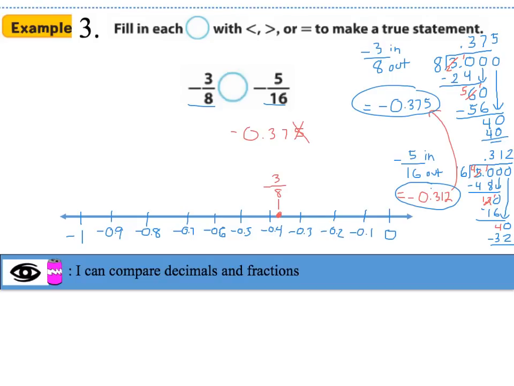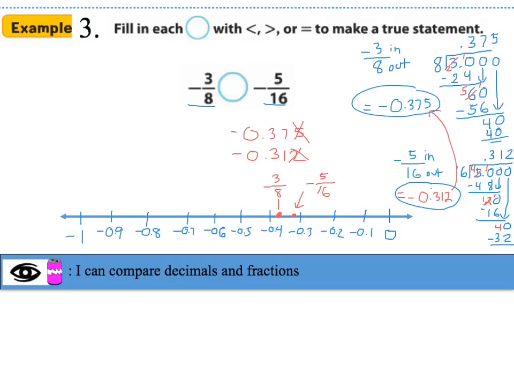For the other decimal, -0.312, I can go ahead and ignore the last decimal, and that looks like -31 cents. -31 cents would be on the left-hand side of -0.3, and that fraction is -5/16.